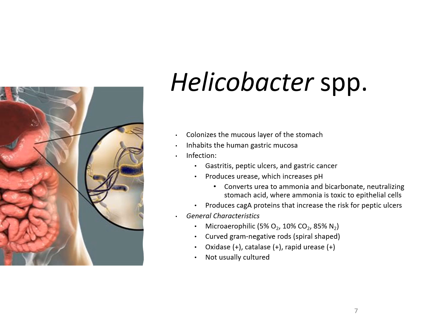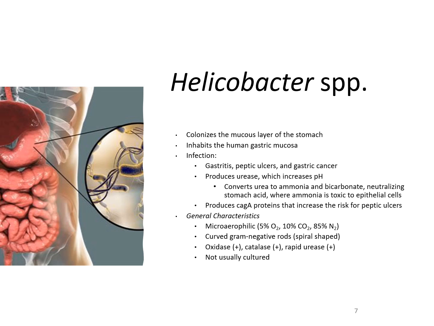Then the ammonia within the stomach will start to become toxic and break down those epithelial cells within that gastric lining, and that's where you start getting the irritation and the peptic ulcers will start to form. It produces the Kag protein, which will help to increase the risk of those peptic ulcers.